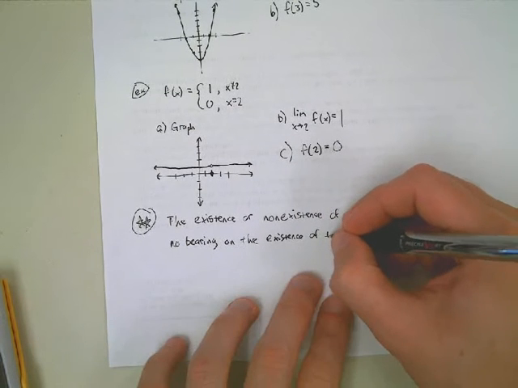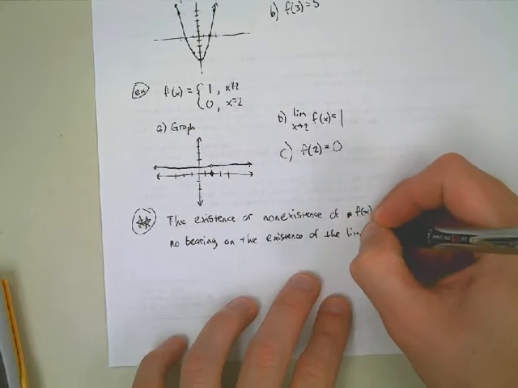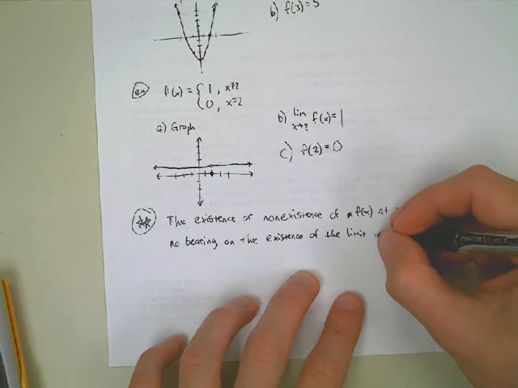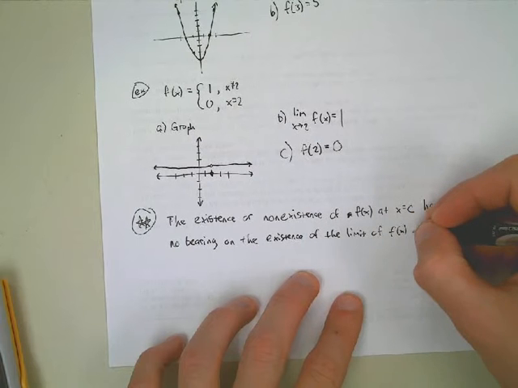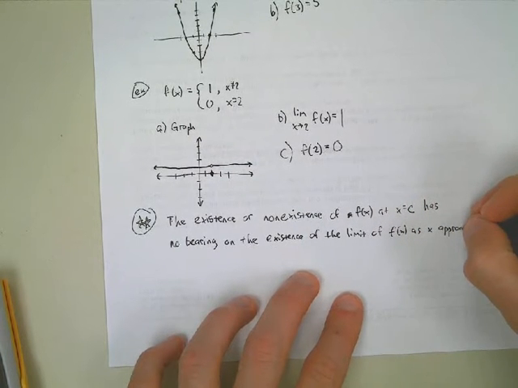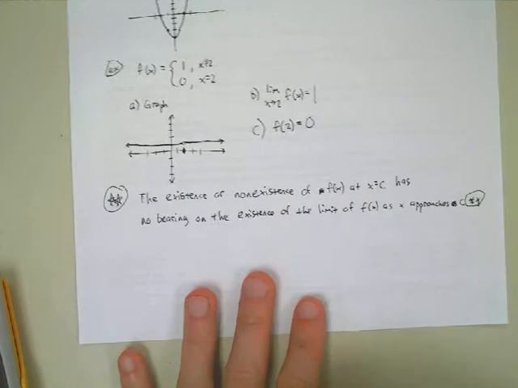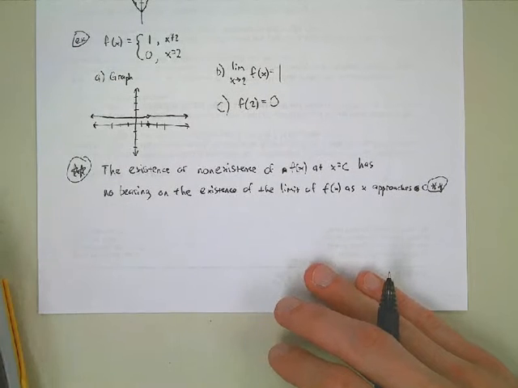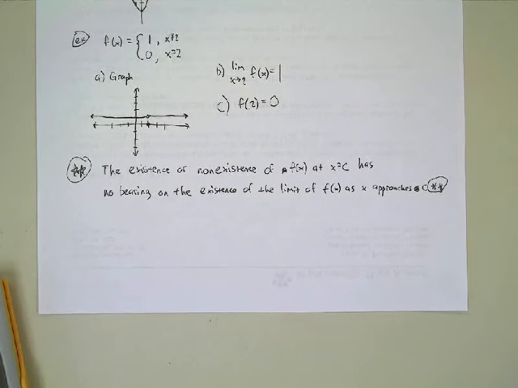The existence or non-existence of f of x at x equals c has no bearing on the existence of the limit of f of x as x approaches c. So the value of the function at x equals c has no bearing on the existence of the limit.